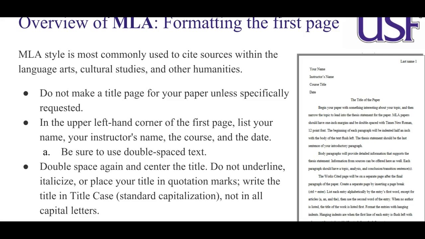In the heading that you have at the top of your document, you notice that the title of your paper is centered, but there is no other font or formatting changes. Everything is in that Arial or Times New Roman text, 12-point font. Everything is double-spaced throughout the entire document.